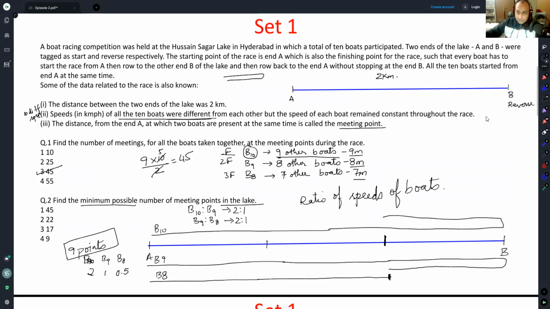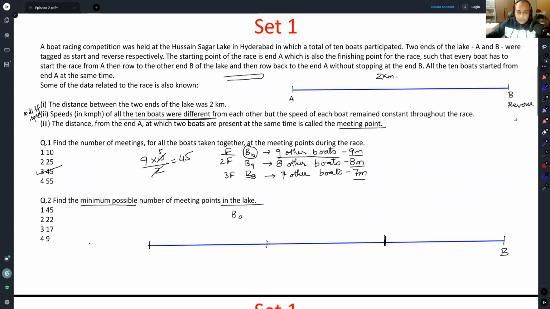Now extending this further to a large extent, what I can essentially do is, I don't think I have space left here. I'm going boat 10, boat 9, boat 8, boat 7, boat 6, boat 5, boat 4, boat 3, boat 2, and boat 1.